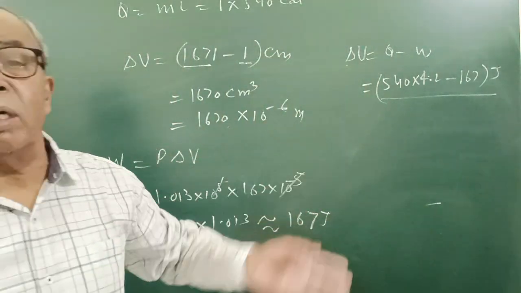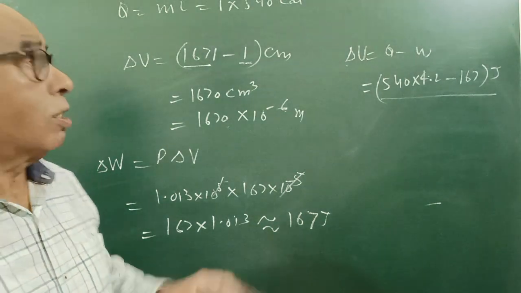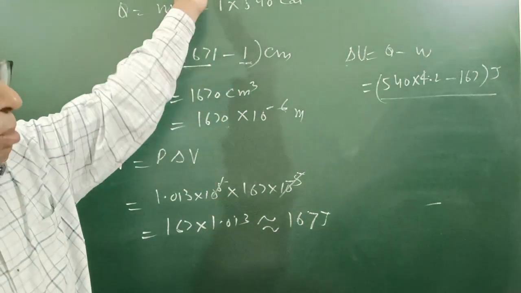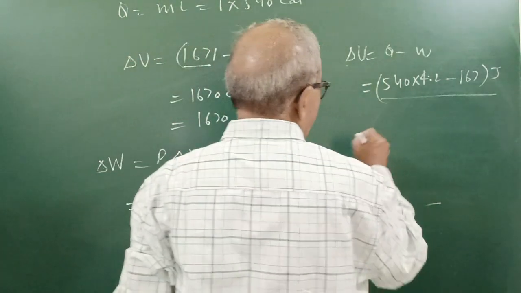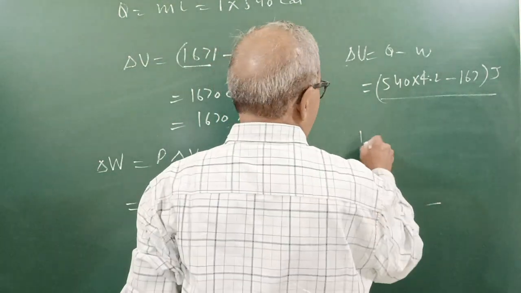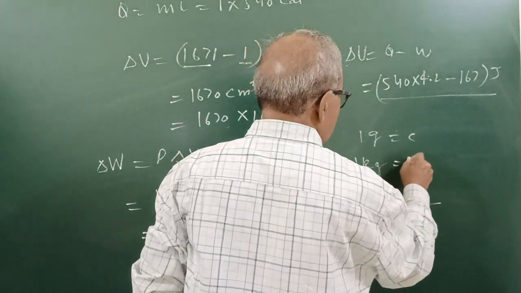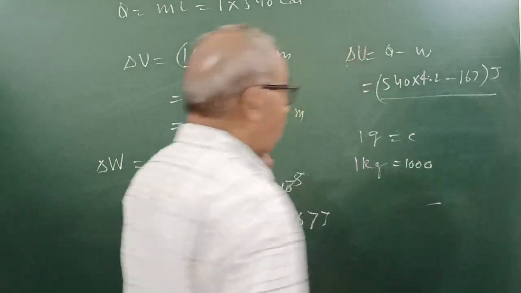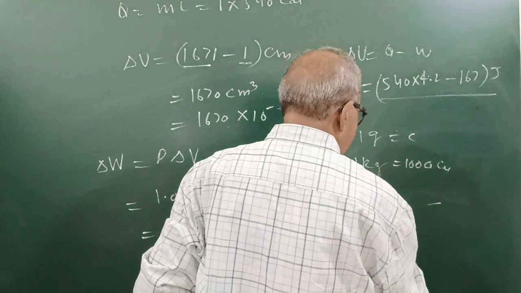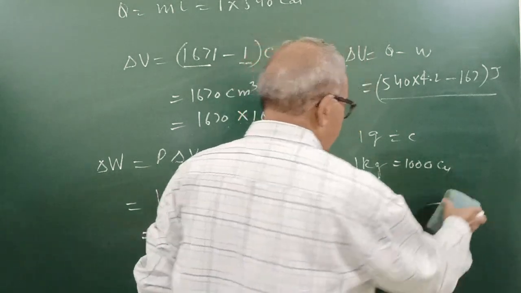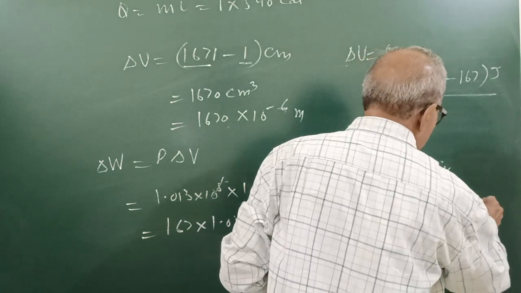They can ask you to calculate the change in internal energy of 1 kilogram water. Same data. 1 gram has volume 1 cc, so 1 kg is 1000 cc. 1 kg water is 1000 centimeter cube, and then 1 kg of steam will have vapor volume 1671 into 1000 cc.